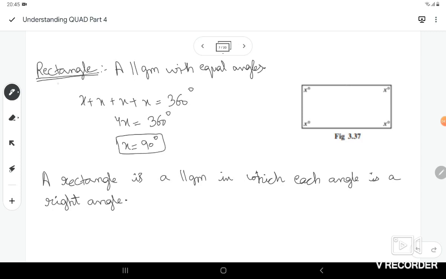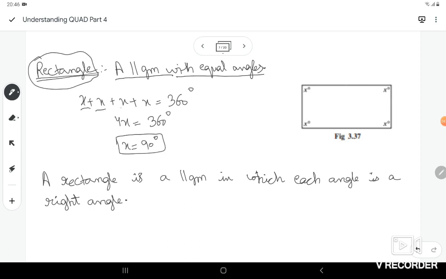Now moving on to the next type of parallelogram, that is the rectangle. A rectangle is a parallelogram with equal interior angles. How are we going to see this? We know that the sum of all the interior angles of a quadrilateral is 360 degrees.